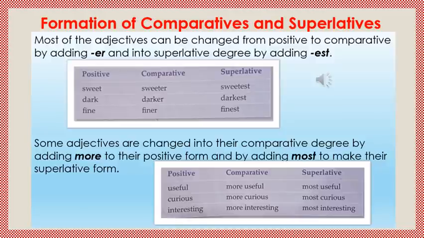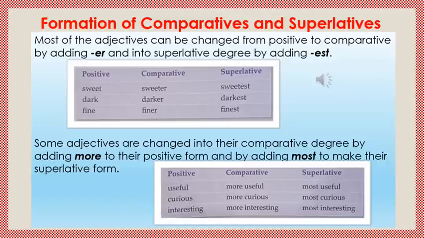Most of the adjectives can be changed from positive to comparative by adding "er", and into the superlative degree by adding "est". With the positive degree, if we add "er", we will get the comparative one, and if we add "est" with the positive one, then we will get the superlative degree.